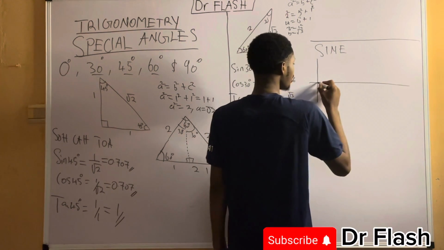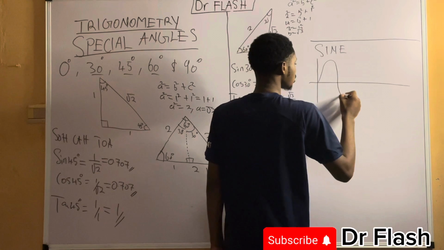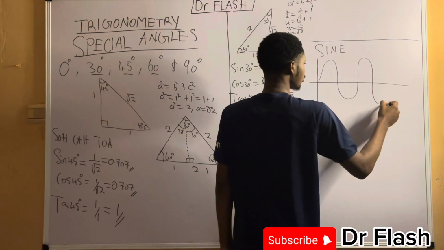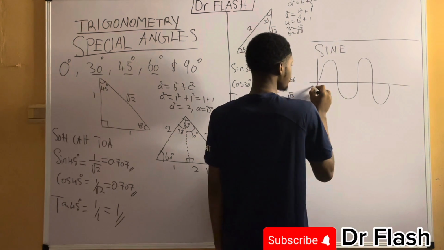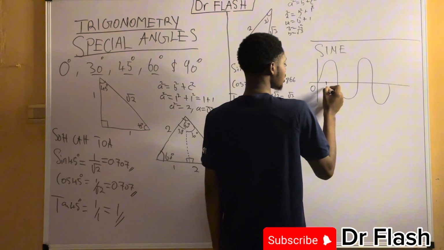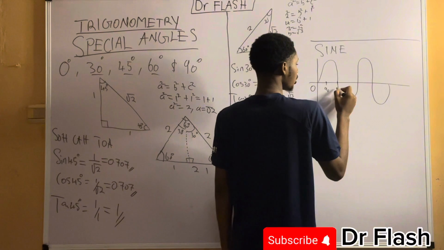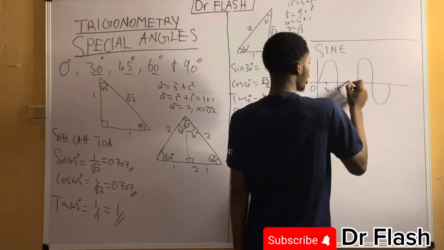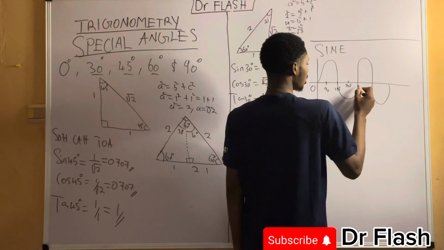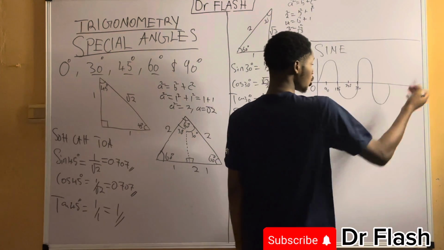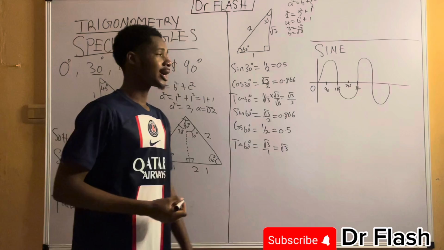It starts from the origin. Take note. So we have 0 here. Now here to here is 90 degrees. Okay, that's 1/4 of a circle. Here we have 180 degrees. And here we have 270 degrees. And here we have 360 degrees, and so on and so forth. Now this is the graph of sine.